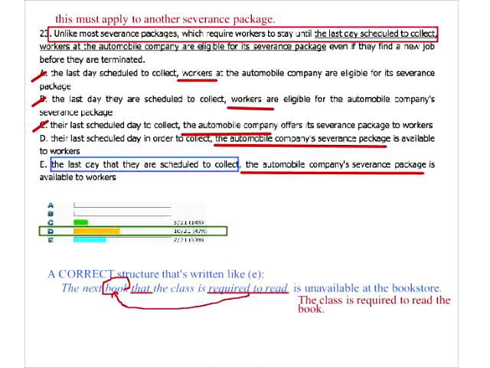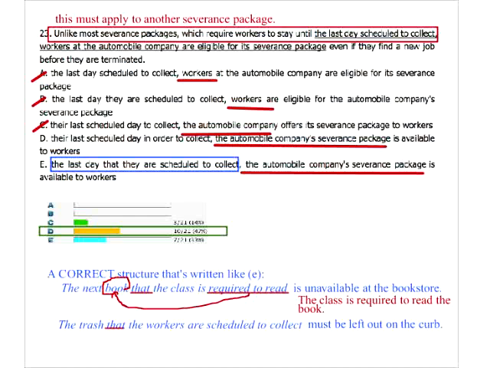Same thing, if you want to use the word collect, then you can say the trash that the workers are scheduled to collect must be left out on the curb. Again, this works.